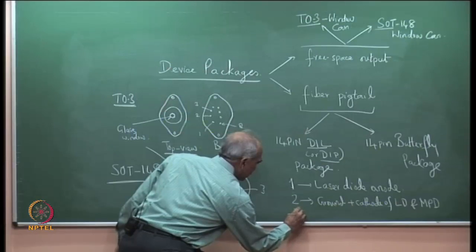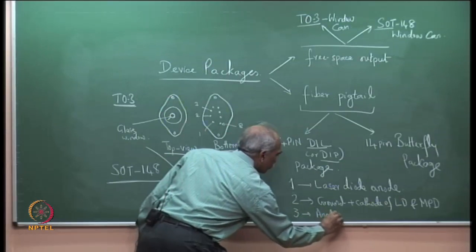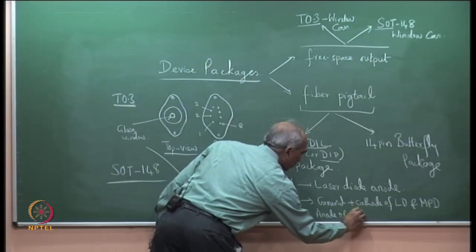And 3 is the anode of the monitor photodiode.